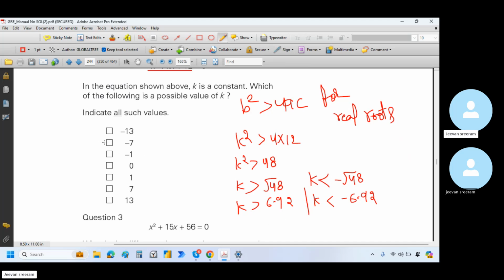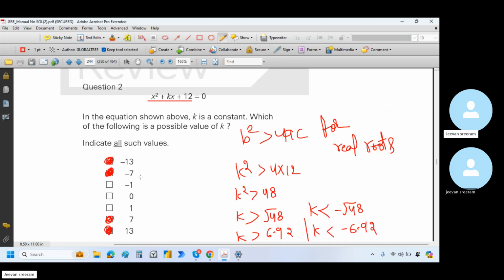So greater than 6.92 means minus 7, sorry, and then 7, 13. Right? Yes, if you go with minus 13.